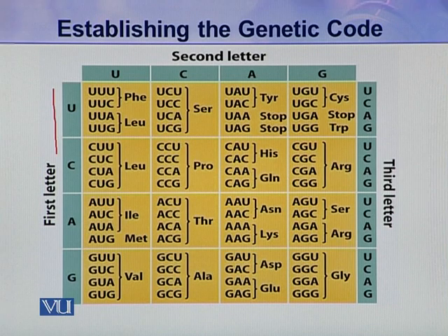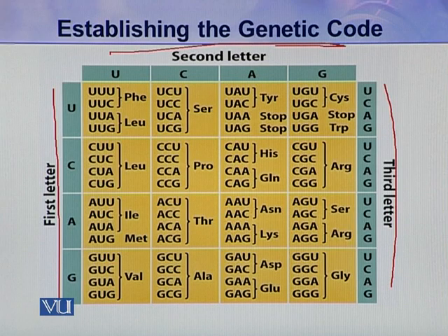So this is letter 1, the first letter of the genetic code, this is the second letter, and this one is the third letter. So first U, second U, and third U. So UUU codes for phenylalanine. Similarly, UUA codes for leucine, and CUU codes for leucine.